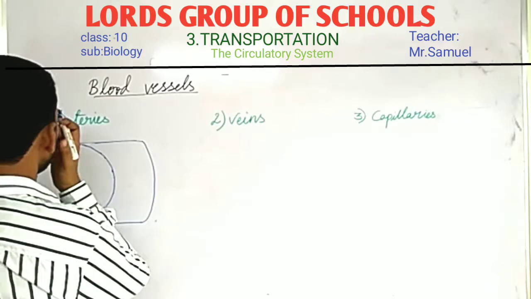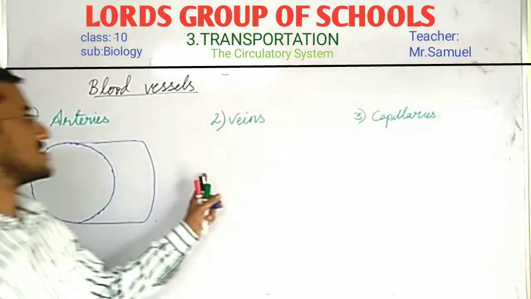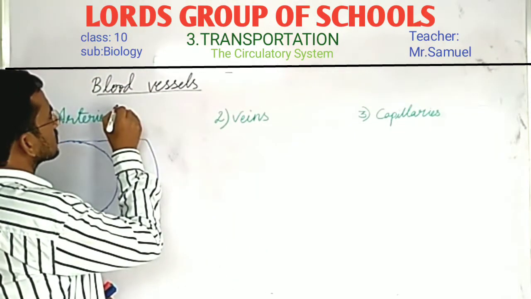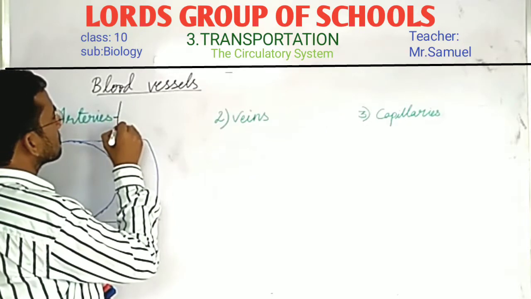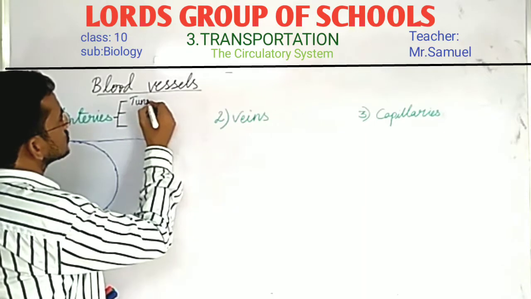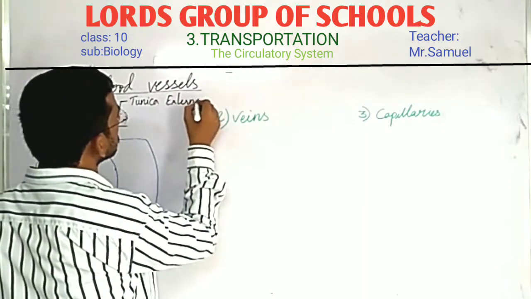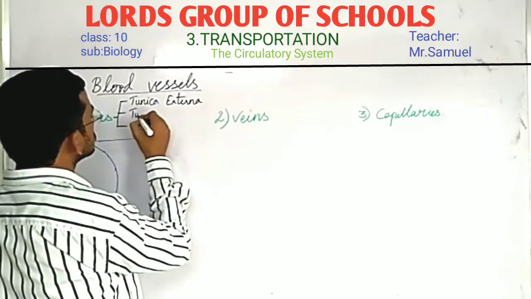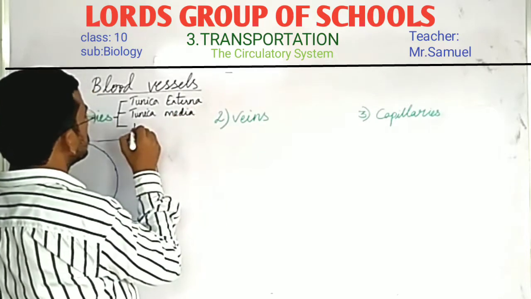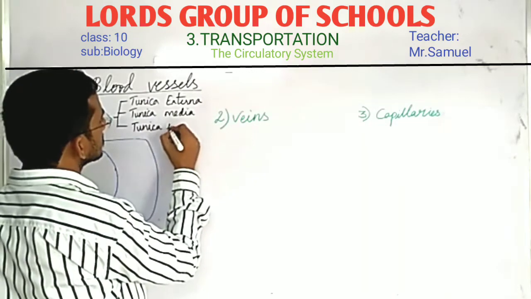Outer layer. Arteries and veins are made up of three layers. The outer is tunica externa, then tunica media, and the third one is tunica interna.